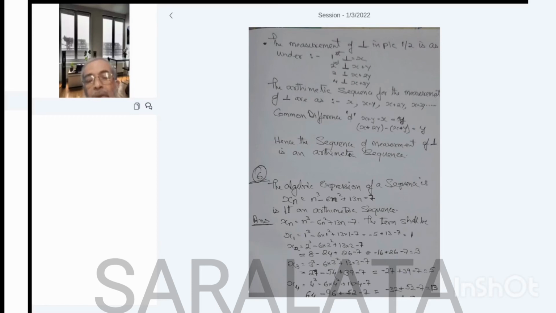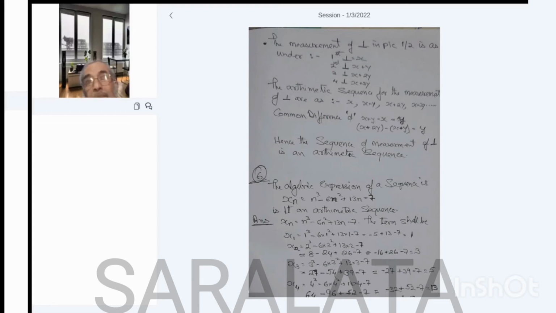What we do is, 2 cube is 8, minus 6 into 2 square. 2 square is 4, so 6 into 4 is 24. And then you have 13 into 2, that becomes 26, minus 7. When I calculate the whole term, the answer I get is 3.